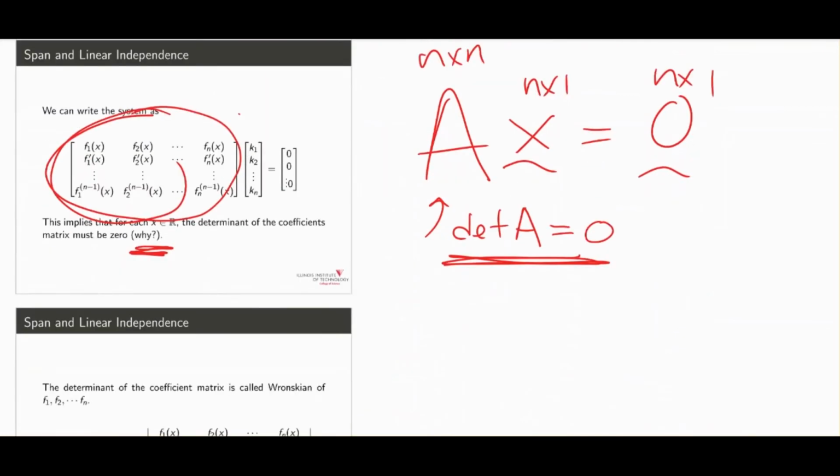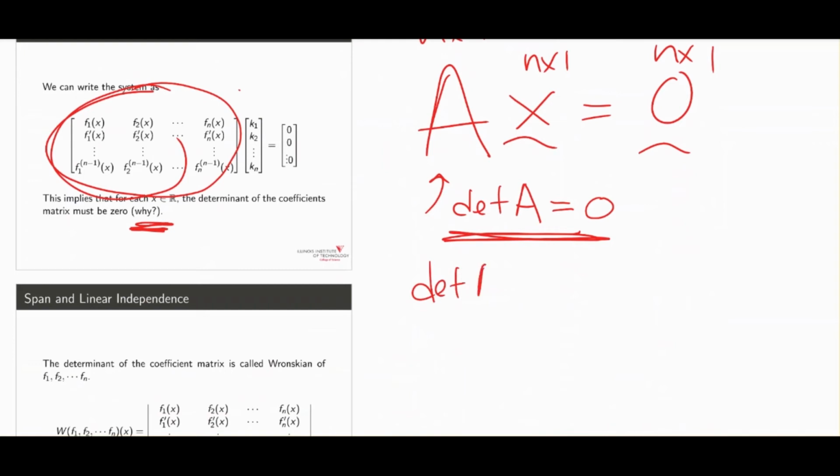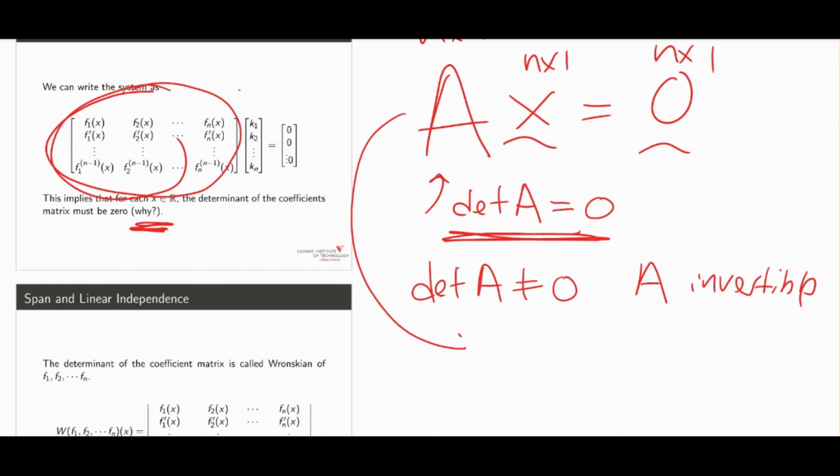The reason is very simple: if the determinant is not 0, that implies this matrix is invertible. Then this system will have a solution, and the solution is 0, which means that if the determinant is not equal to 0, your k1, k2, all the way to kn have to be 0.